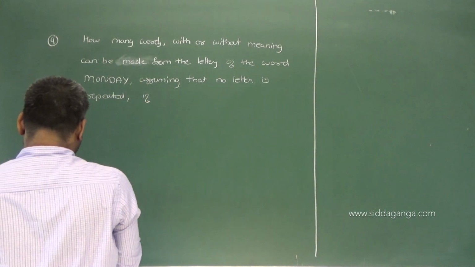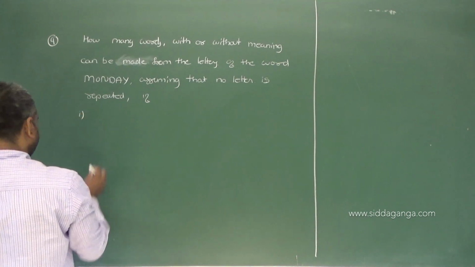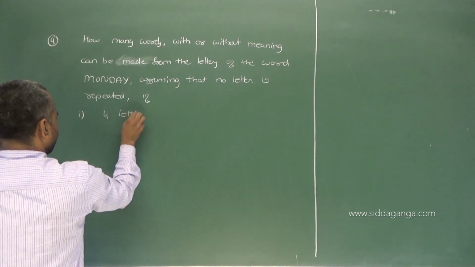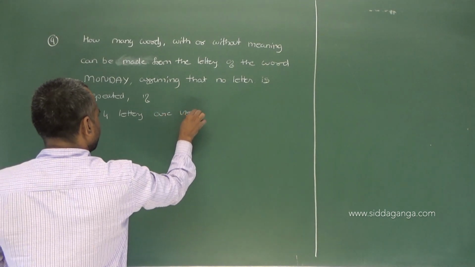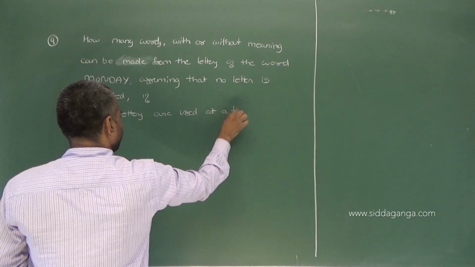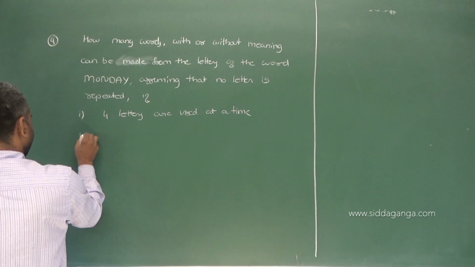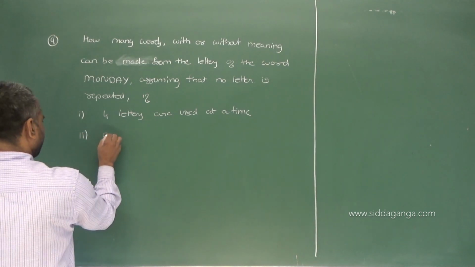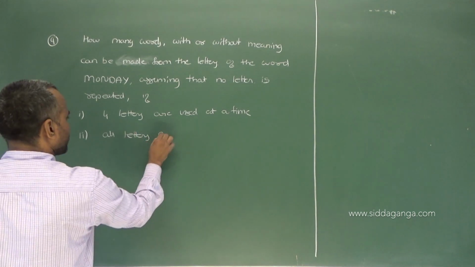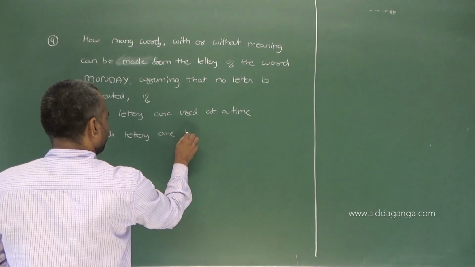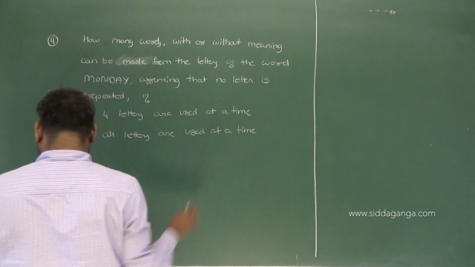He has given 3 questions. First one, 4 letters are used at a time. Second one, all letters are used at a time.